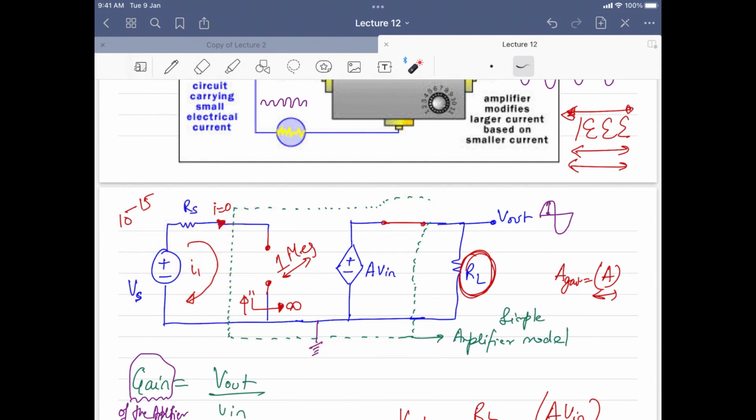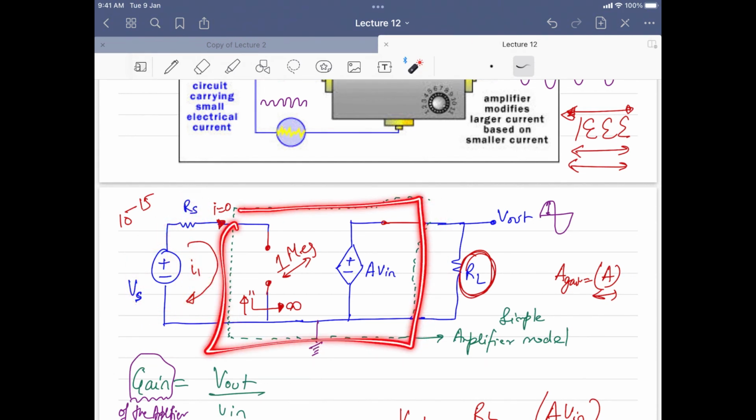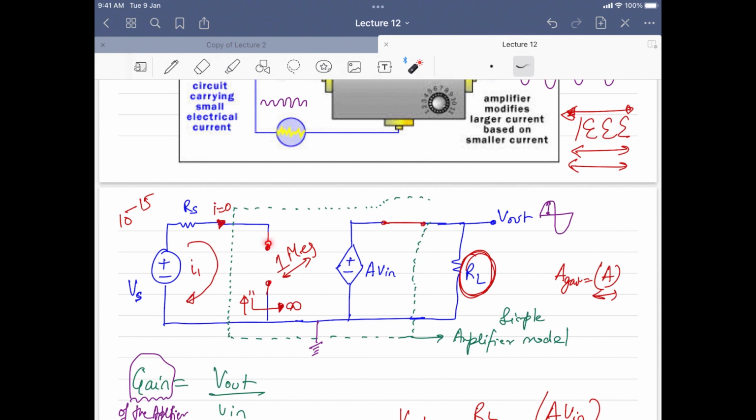But if you want to design it yourself, then you have to make sure the amplifier has these properties, like the input resistance should be 1 megaohm, and this resistance will be around 100 ohms. So that this 1 megaohm compared to this 100 ohm will be infinity only. So you try to design the amplifiers yourself with these properties.